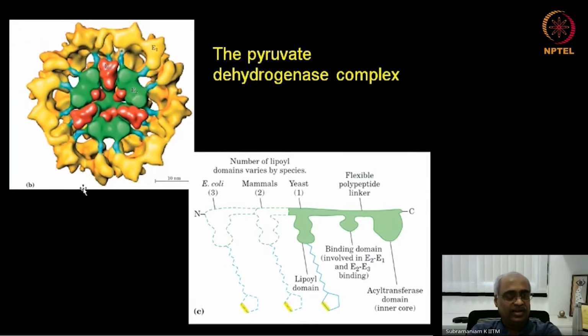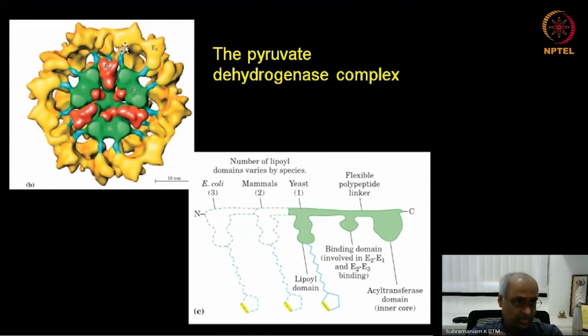One is in the outer part, the pyruvate dehydrogenase. Then this green one is the dihydrolipoyl transacetylase. And the third one, the red, is the dihydrolipoyl dehydrogenase. All three we will see when we get into the reaction itself.